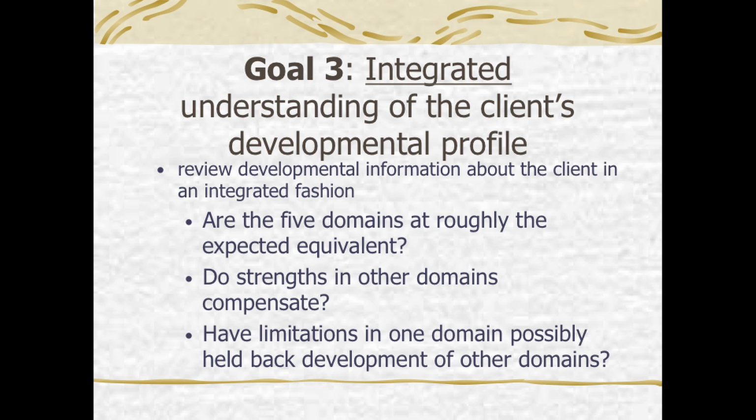Can and do the strengths in one domain compensate for problem areas within another domain? Question 3. Are there limitations in one domain that have possibly held back the development of other domains which might be amenable to positive development in the future with appropriate support?